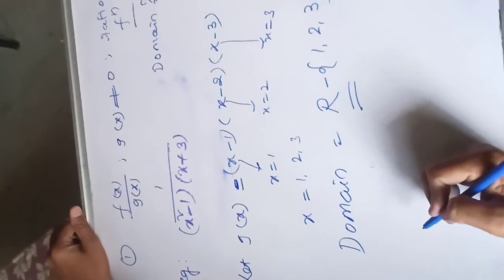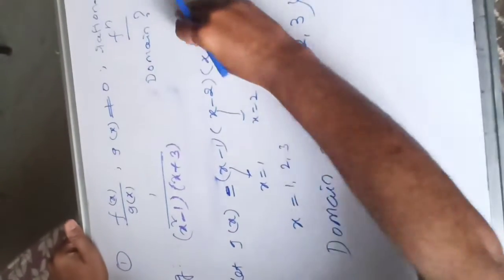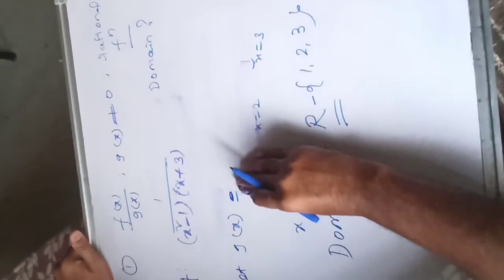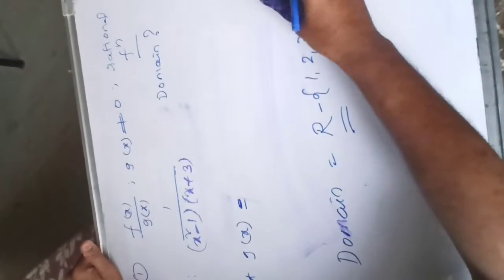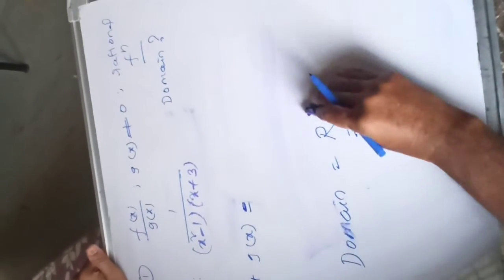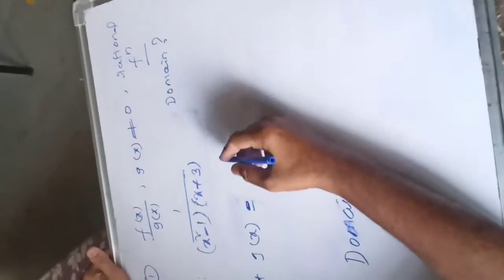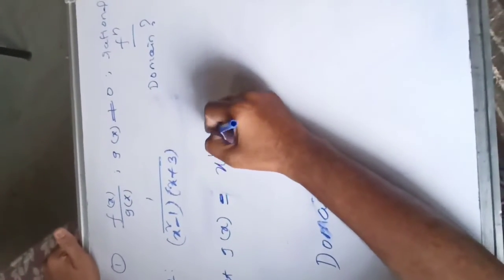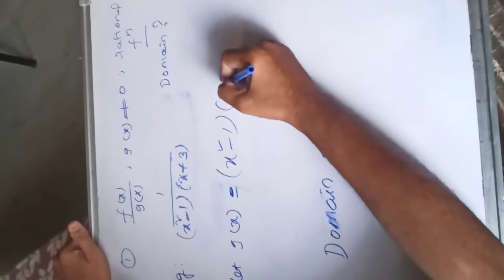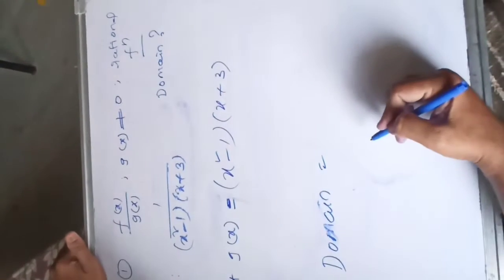Okay, so what is the g of x? g of x will be x square minus 1 into x plus 3.